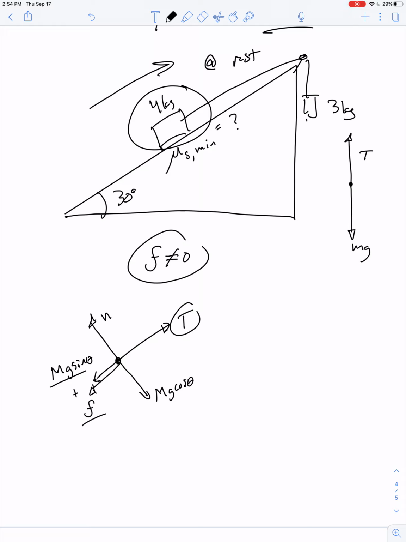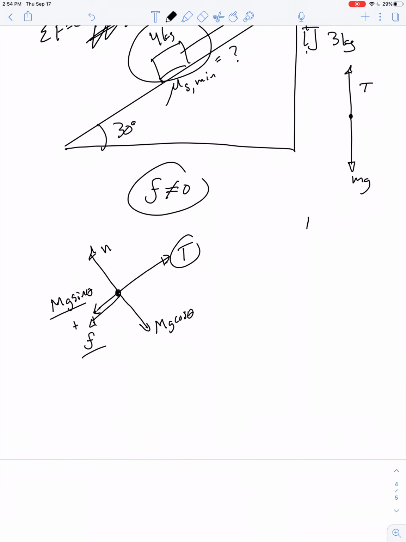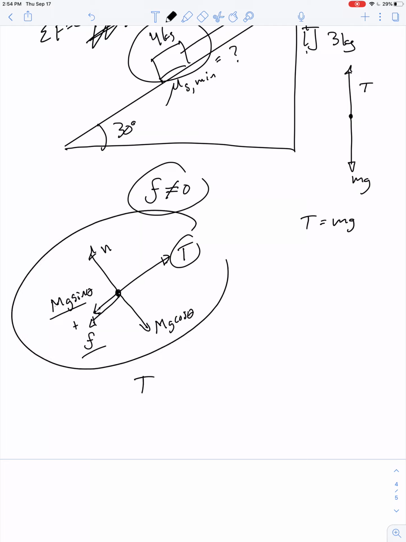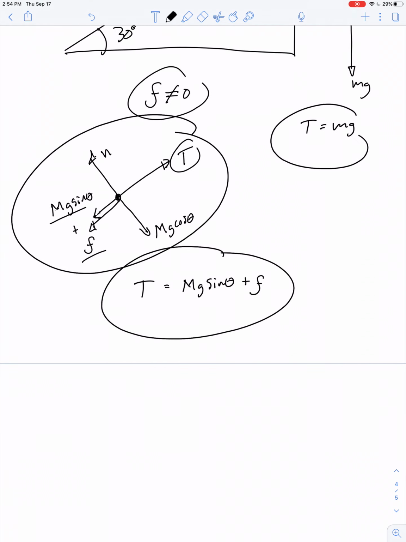So the tendency without friction would be to accelerate this way, but it turns out the acceleration is 0, and that only happens if the net force is 0. And so we can say that the tension has to equal the weight of the 3 kilogram block, and just as well, the tension based on this free body diagram has to be equal to m g sine theta plus force of friction. So we can combine these equations together by substitution.